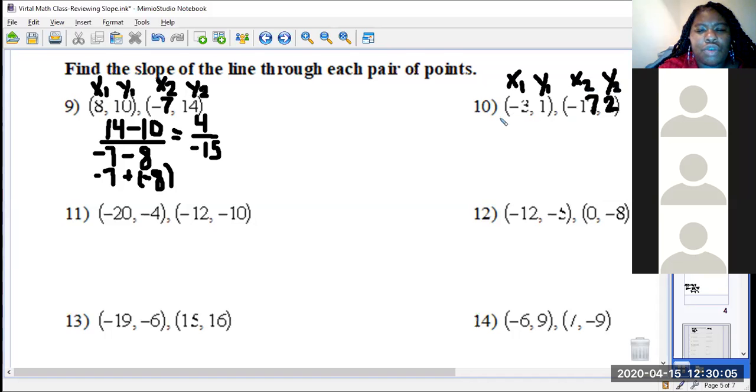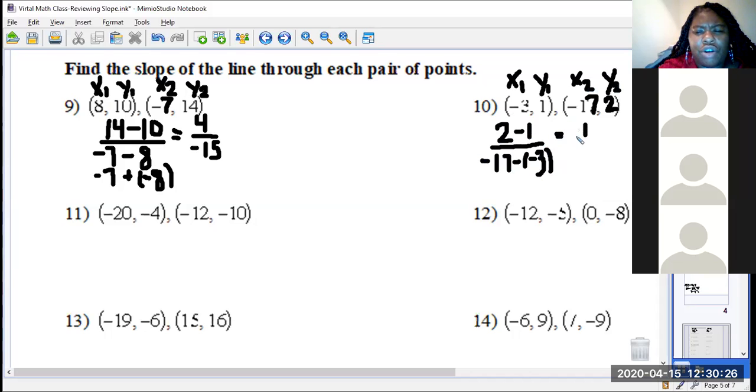So we have 2 minus 1, and then what? Negative 17 minus negative 3. Ooh, it is a negative 3.